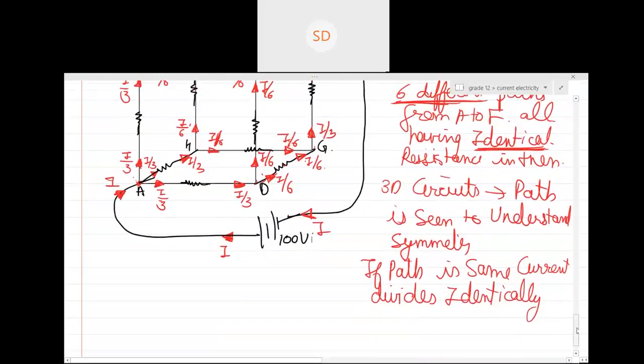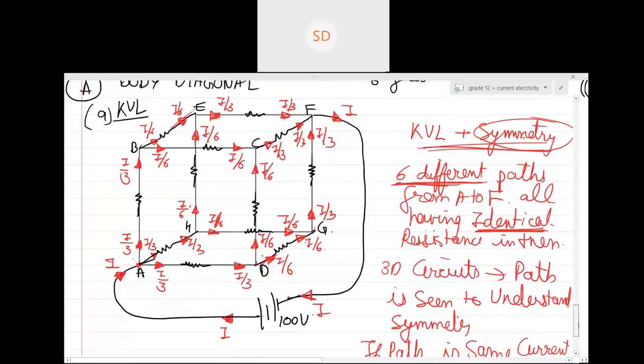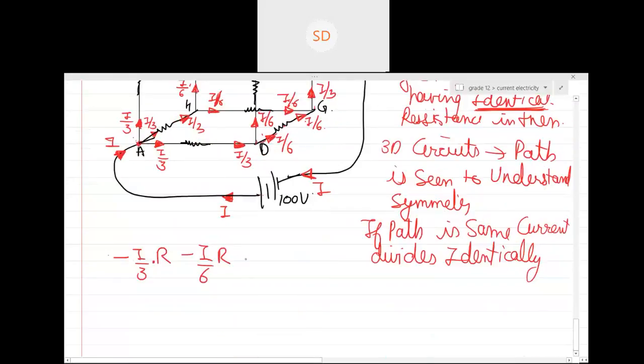Take this outer loop. I'll write it. Let's start from the battery's positive terminal. So I'll leave point A, minus of I by 3 into R, minus of I by 6 into R, minus of I by 3 into R, and then I'll go to the positive terminal of the battery.